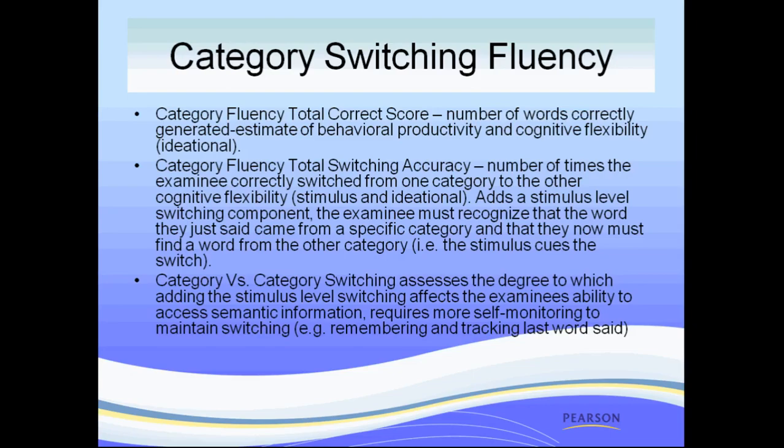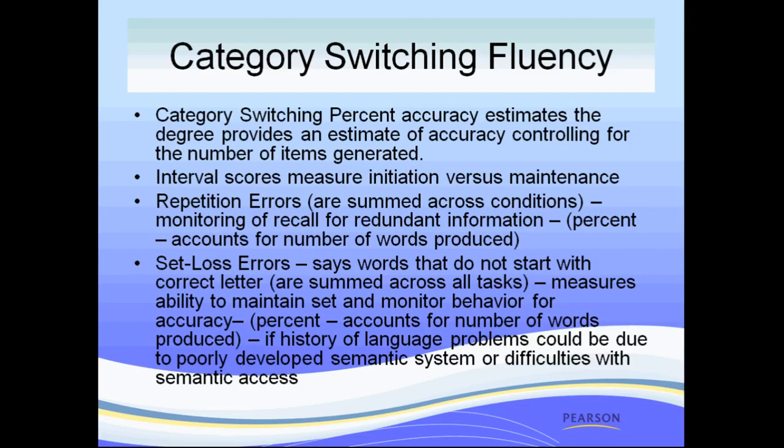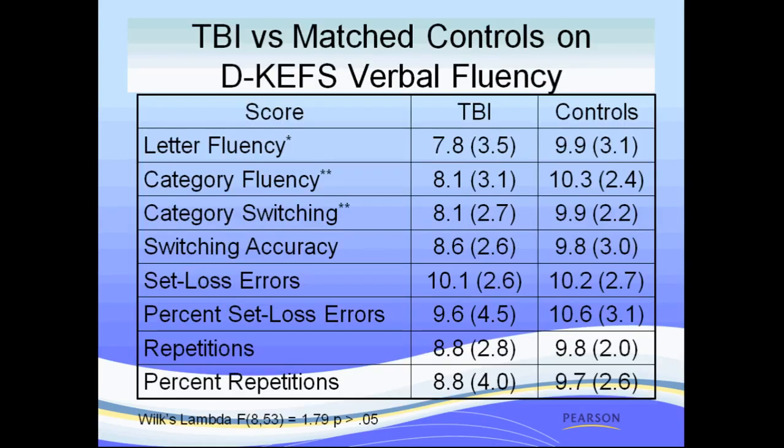So it's about whether you can regulate that switching or flexibility in your mind rather than having something right in your face telling you, okay, now it's time to do something different. Can you do it on your own? And this you can compare to the category fluency in general to figure out whether it's a switching problem or a problem with all category fluency, which is a problem with semantic processing in general.